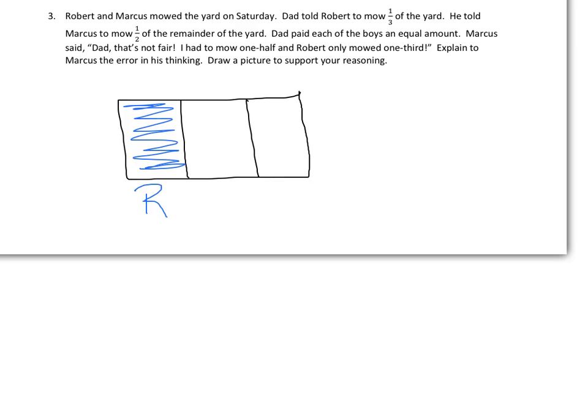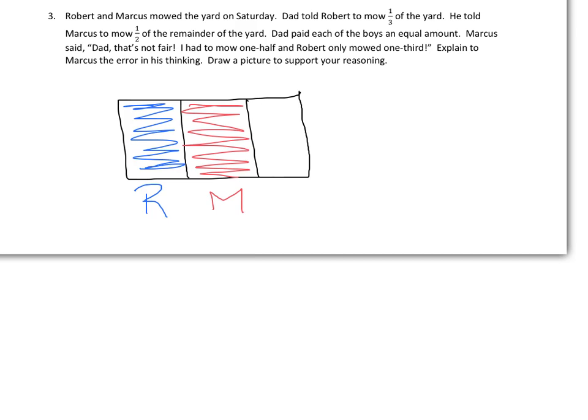Dad then told Marcus to mow half of the remainder of the yard. So take a look here. If you look, there's 2 sections left in the yard, and his dad said to mow half of the remainder. So this would be half of what's left over for Marcus to mow.